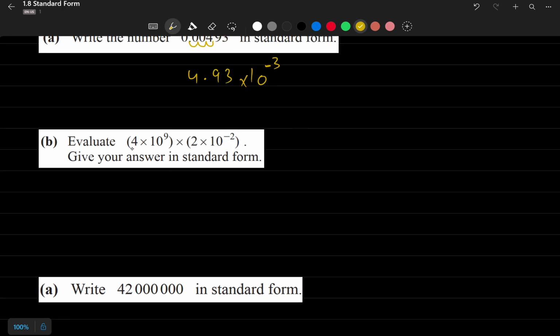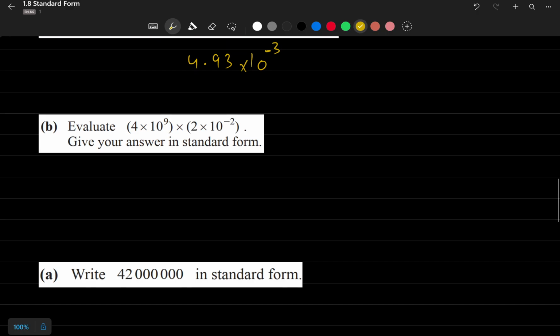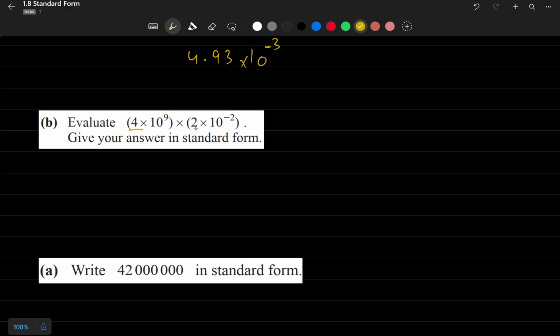Another part, we have two standard form numbers and they are being multiplied. We earlier studied the rule of multiplication, so 4 multiplied by 2 is equal to 6 into 10 raised to power. Now in the case of multiplication, you just add the powers. 9 plus minus 2, which is equal to 6 into 10 raised to power 9 minus 2 equals 6 into 10 raised to power 7.